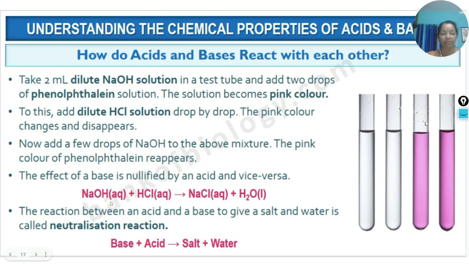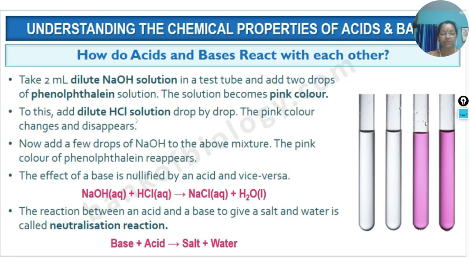So when an acid and base meet, what happens? Neutralization. Base plus acid gives salt and water. Okay, acid and base react forming salt and water. That can be observed using an indicator. If you take NaOH and add a drop of phenolphthalein, the solution becomes pink.